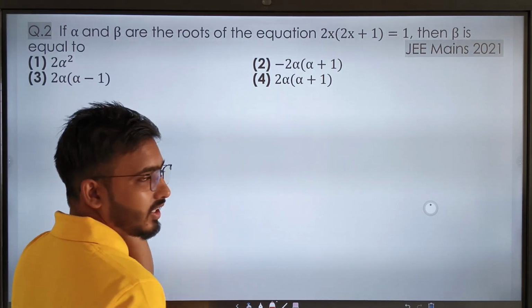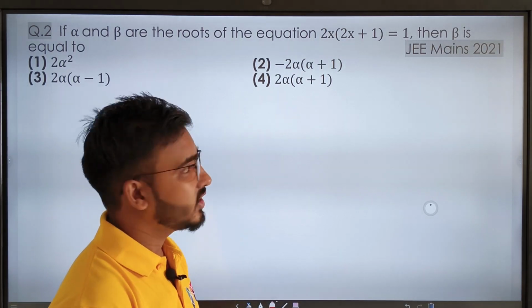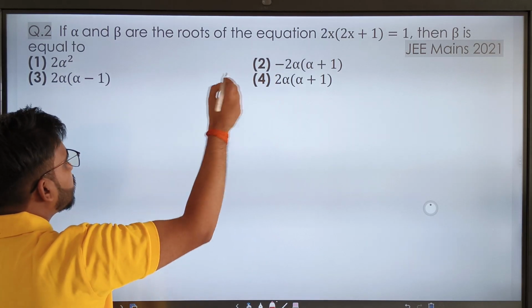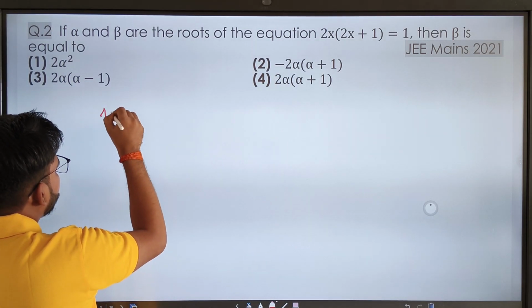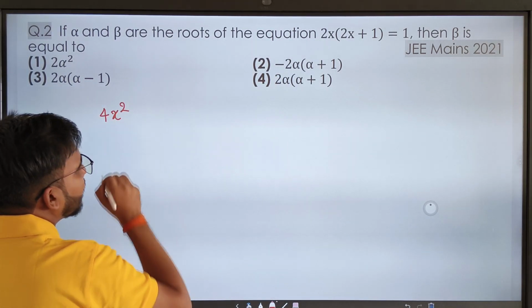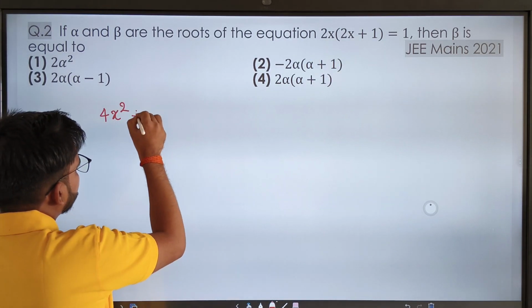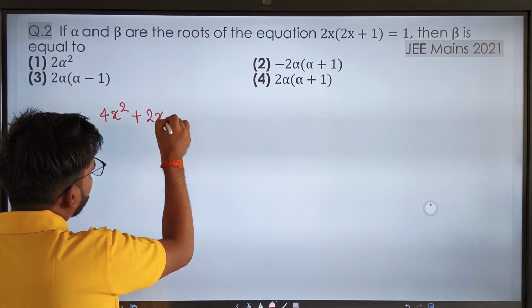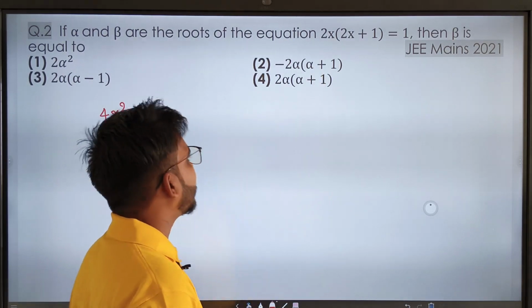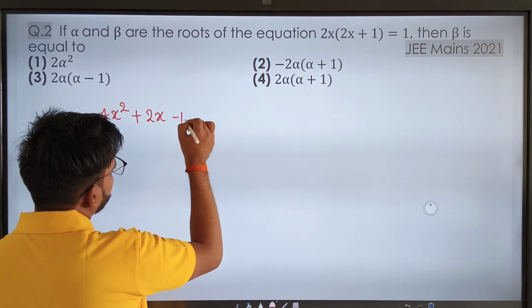In the standard quadratic equation form, I would write 2 times 2x, it is going to be 4x square, and then 2x into 1, that is plus 2x, and if I bring this 1 to the left hand side, it is going to be minus 1 equals 0.